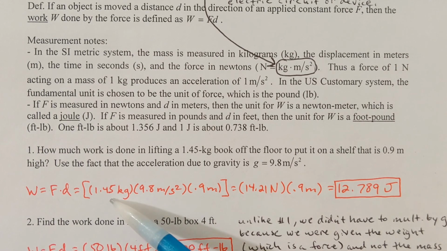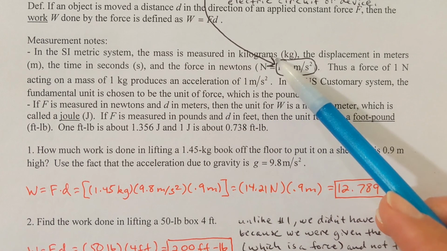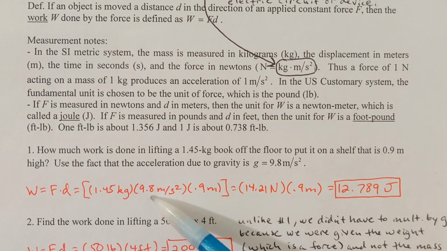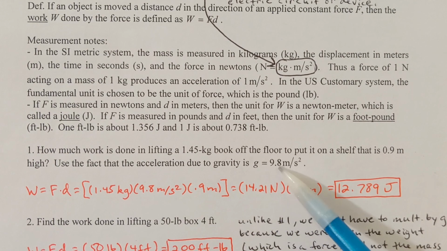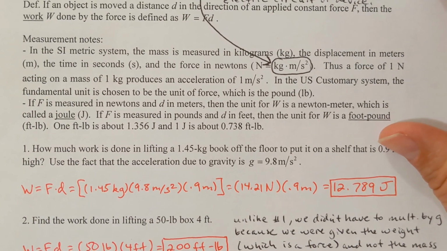Okay, and then the force, mass times acceleration, the mass of the book is 1.45 kilograms. Okay, the mass is measured in kilograms there, they said. And the acceleration due to gravity is 9.8 meters per square second. Okay, so all I would have to do here is multiply these three numbers together.